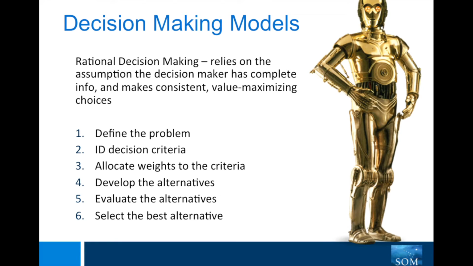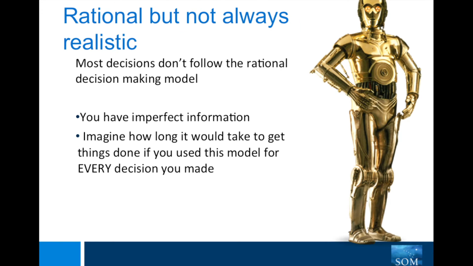It's a 6-step process for you to pick the optimal choice in any decision-making scenario. Although it's rational, it's not very realistic to apply it because you rarely have perfect information, and it forces you to consider all possible options. And it's almost impossible in this day and age of billions of choices to think about all possible options.